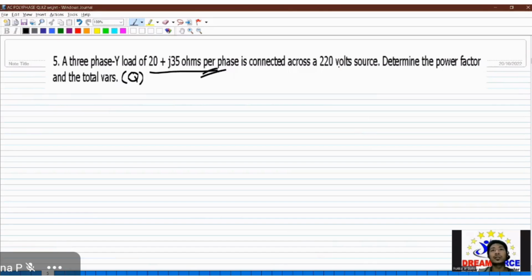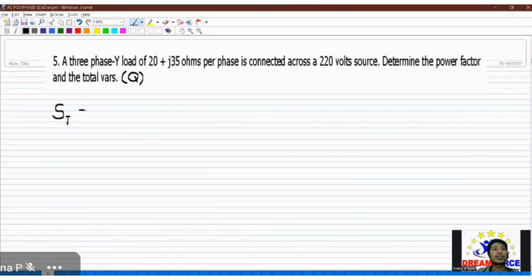But make sure that yung angle natin is 0 on the voltage. Kahit ano naman pong gamitin nyo, kung saan ka masanay, but for me, isolve ko na lang po si value ni S para makuha ko na rin si Q.